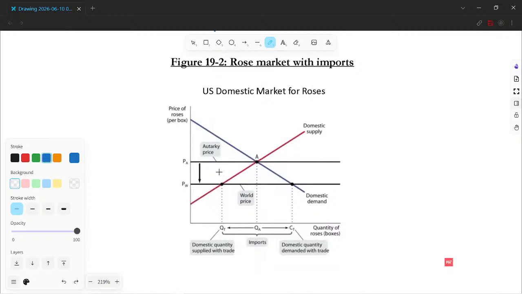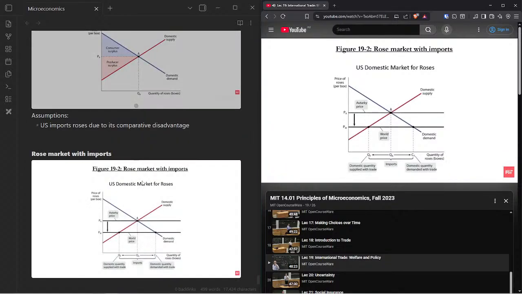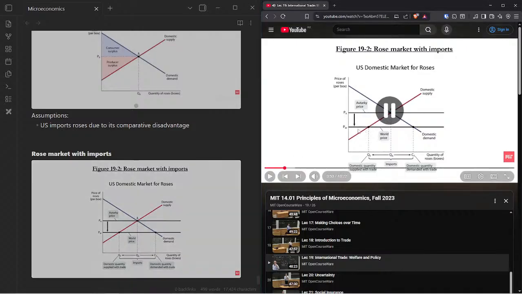Oh, right. And this is how much domestically is being produced, and that's obviously lower because of the comparative disadvantage. All right. At that new lower international trade price, people want C sub T roses.